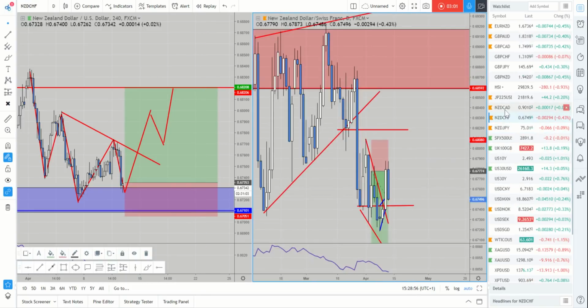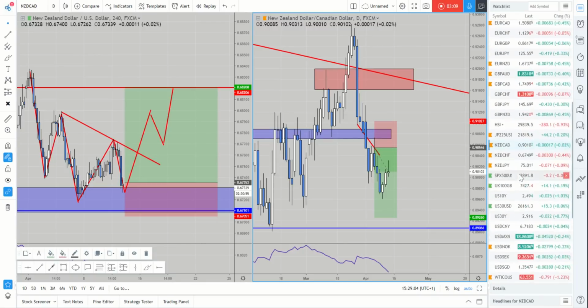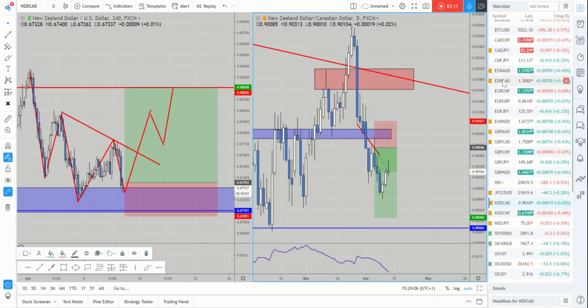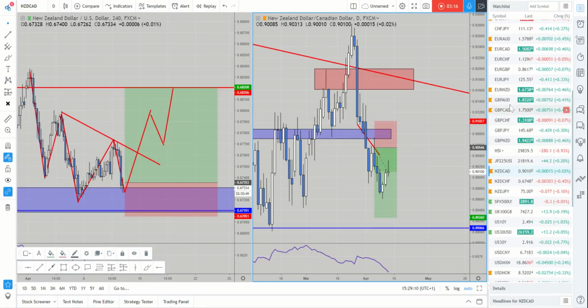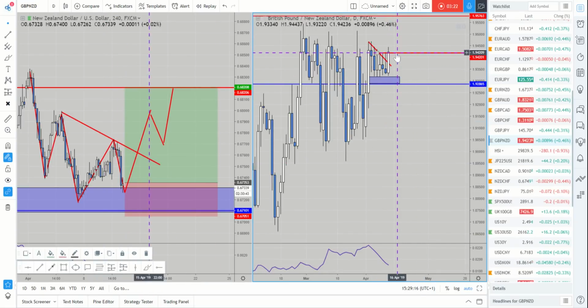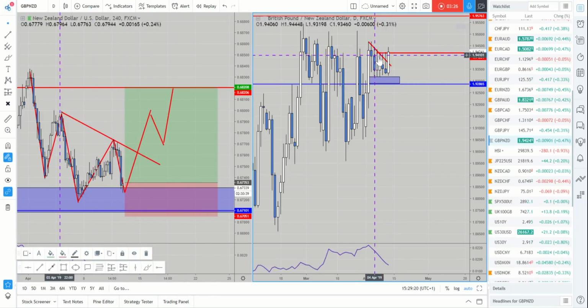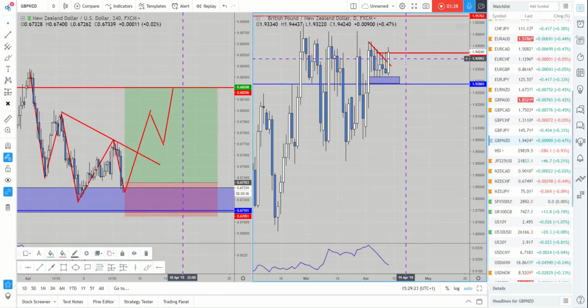If we take a look at another currency pair, for instance, let's look at something that is weakening as well. Let's look at, for instance, euro pound Kiwi, sorry. Let's just have a look at pound Kiwi. Now we do expect Kiwi upside here, or pound to be stronger than the Kiwi here, so this might not be the best chart to look for, but you can see that we're at key resistance.